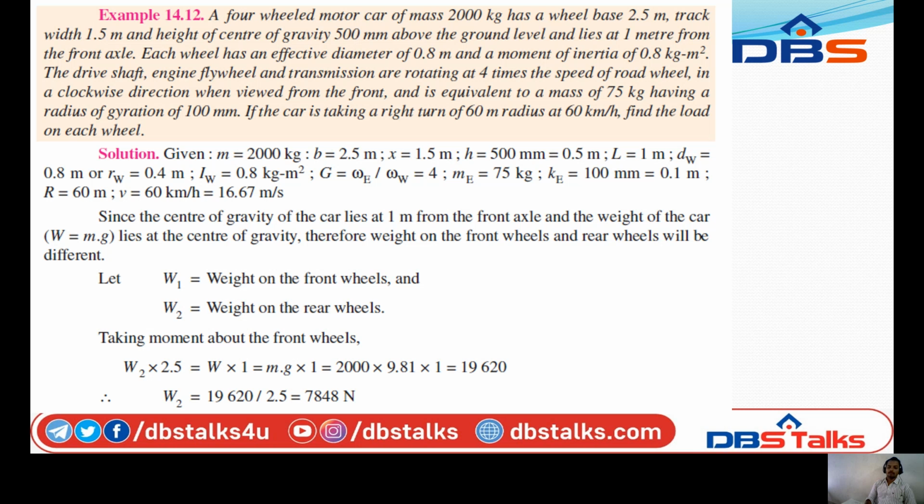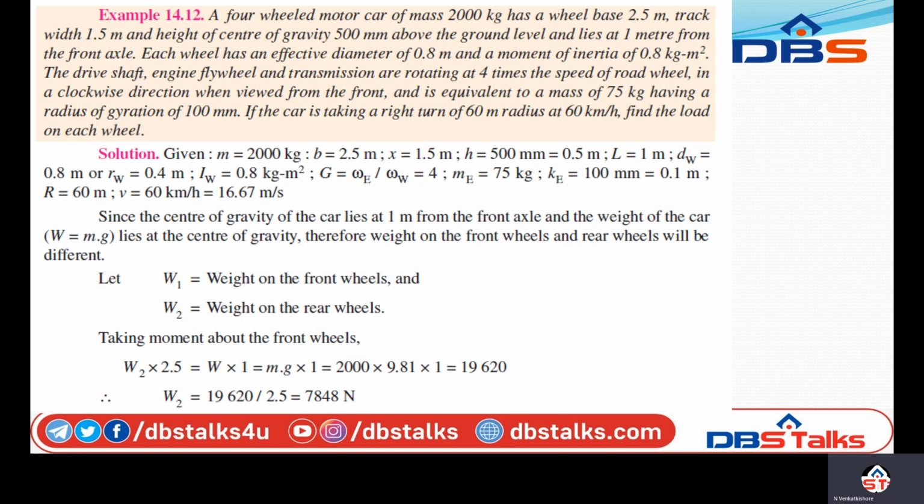So, as we know, all the vehicles share the same amount of load acting on the axle, which is different from this problem.